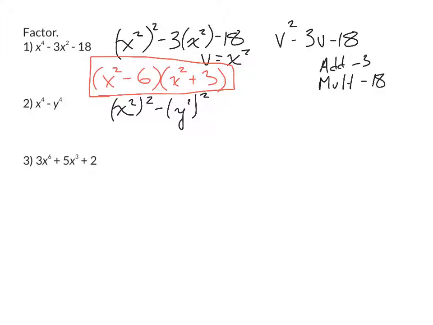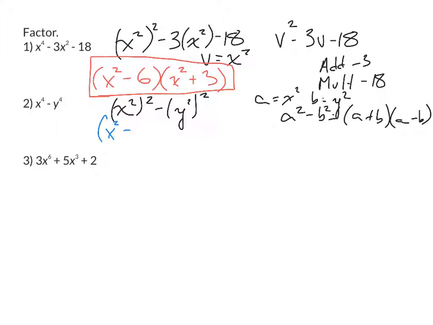Now, if I look at this where a is x squared and b is y squared, I basically have a squared minus b squared, which would be a plus b times a minus b. So I can factor the original problem similarly: x squared minus y squared times x squared plus y squared.